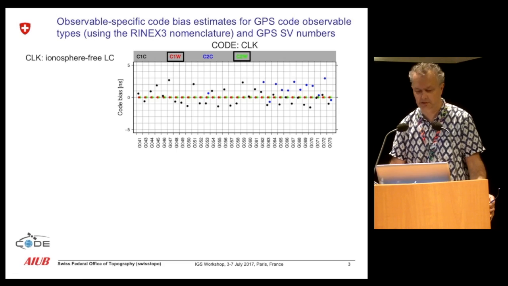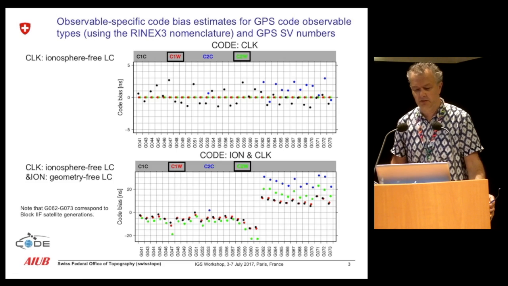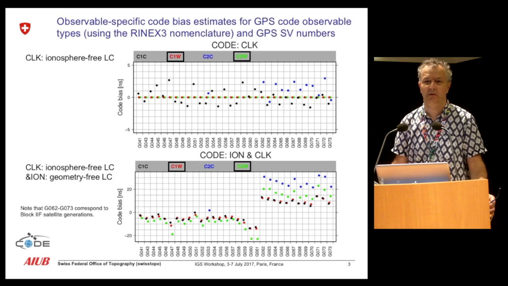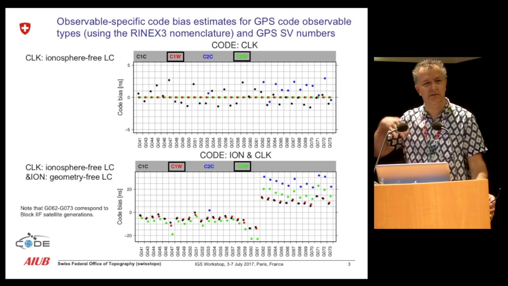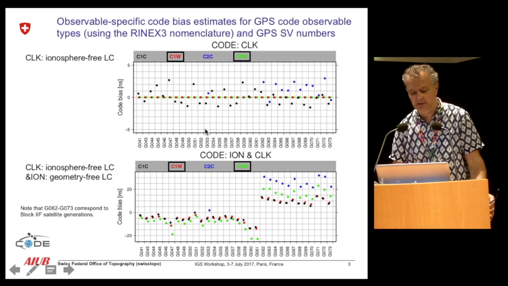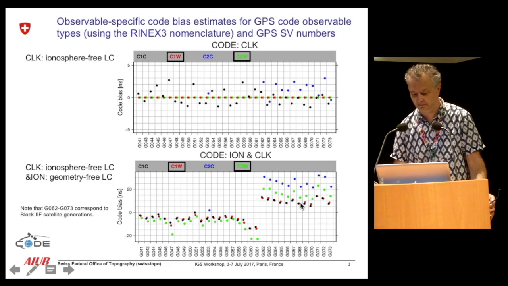They are assumed to be 0. And what you nicely see is, when you add the information from the ionosphere analysis, then you can separate that. So this is then a set of biases for the GPS constellation. Here, this second group corresponds to the Block IIF generation.